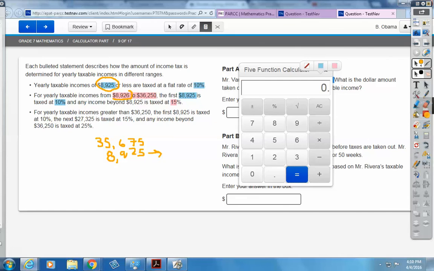But I know you love the calculators too. Times 0.1. All right. So that's 892.5.